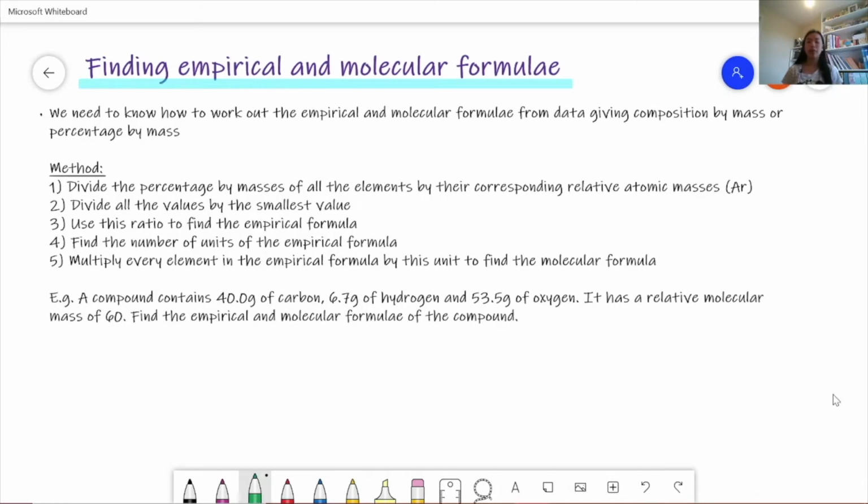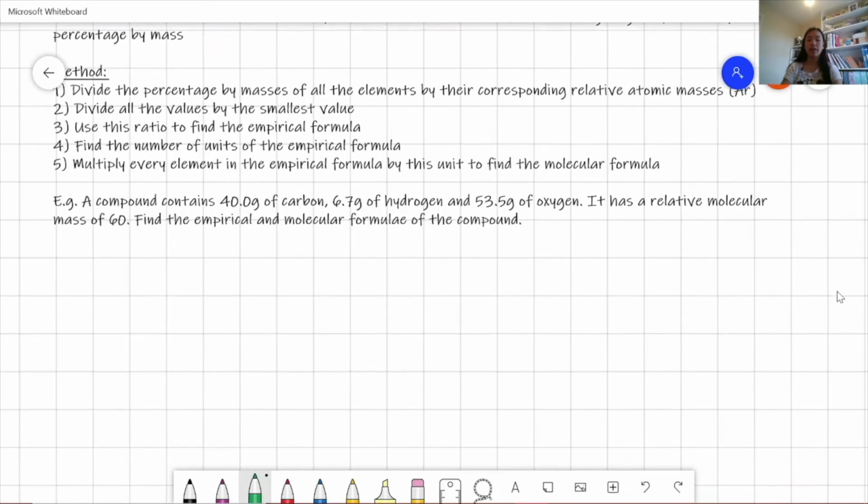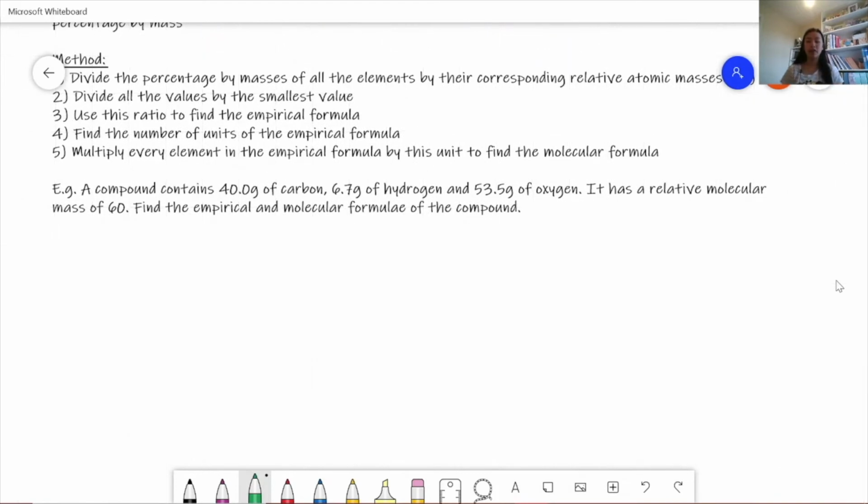So in this example, a compound contains 40 grams of carbon, 6.7 grams of hydrogen, and 53.5 grams of oxygen. And it has a relative molecular mass of 60. So then we're told to find the empirical and molecular formulae of this compound. So the first thing I like to do is to write out all of the atoms we have, so all of the elements.